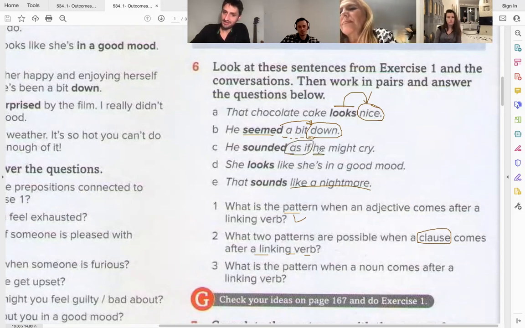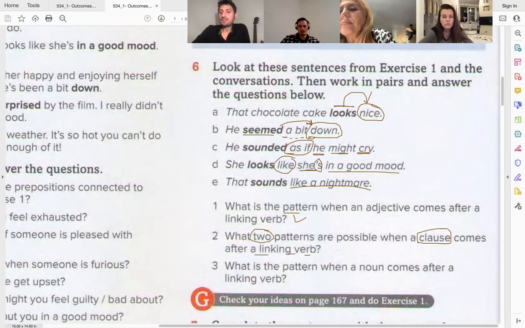It has a noun, it has a verb. Actually, this is the verb right here. And there's another option. There are two patterns. Like, exactly. Also, she, and then this is the verb, and this is the object. So two patterns, as if and like. We already talked about it.